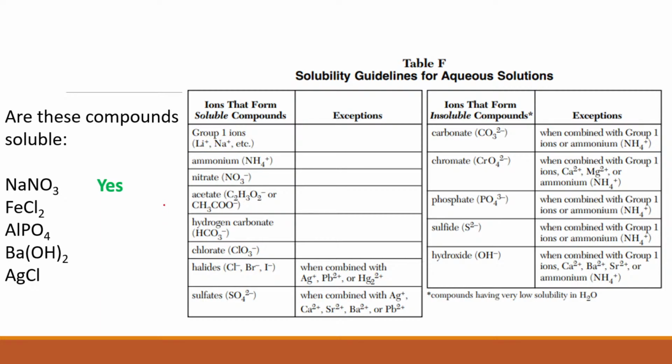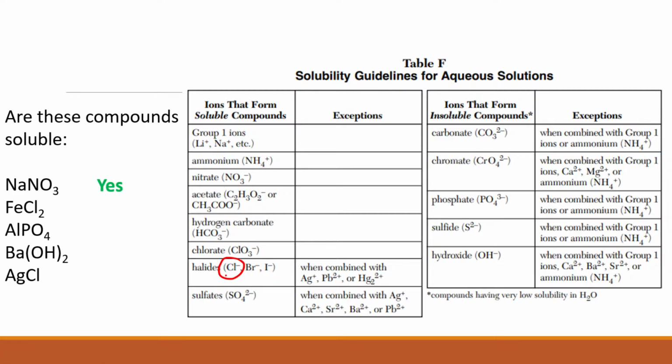What about iron chloride? When we look for iron chloride in our first and third columns, our list of ions, iron doesn't show up, and that's fine, but chloride does.